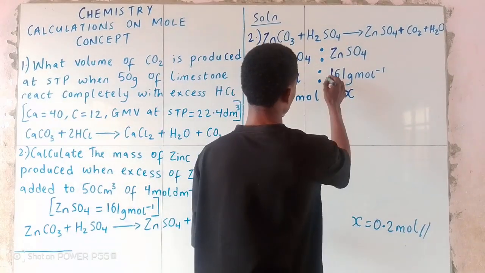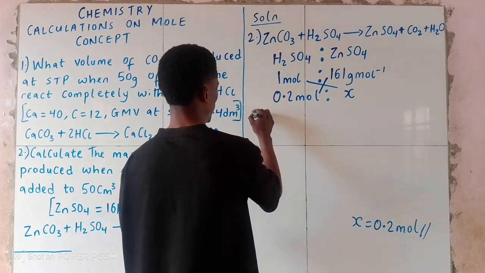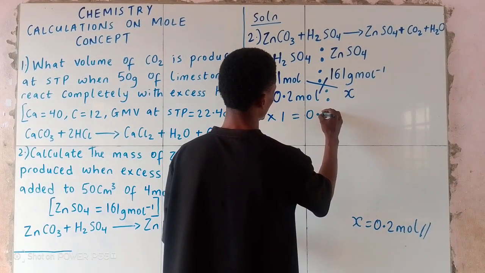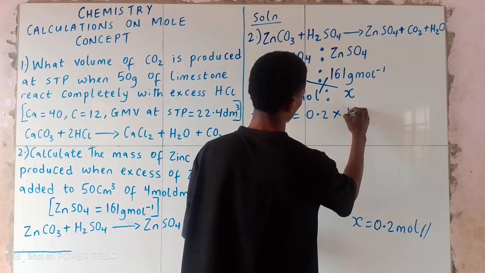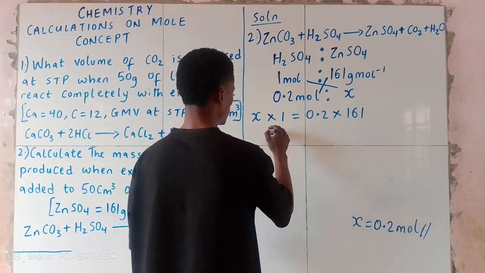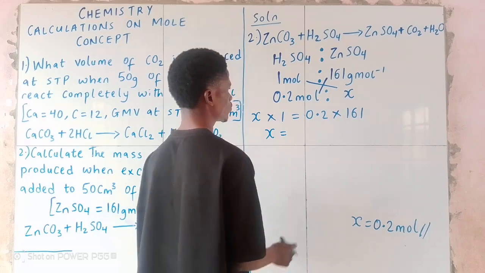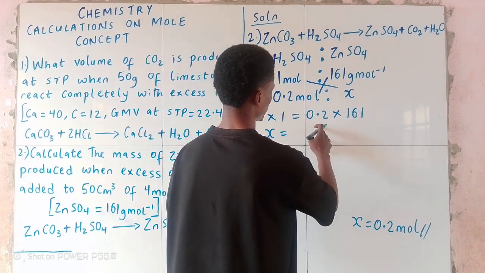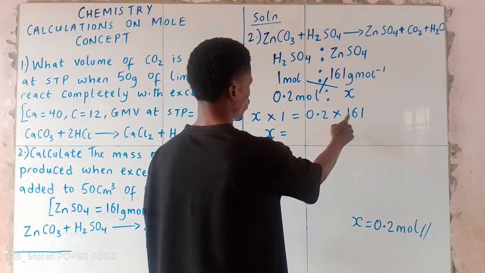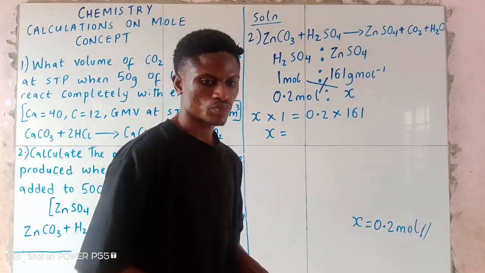So you have this times this. So x times 1 equal to 0.2 multiplied by 161 gram. So x times 1 gives me x equal to 0.2 times 161. I'm going to get what?